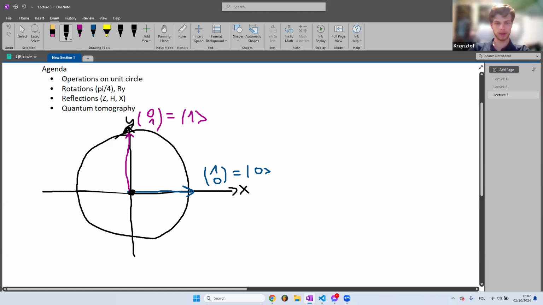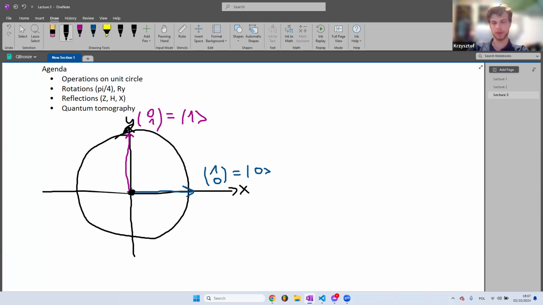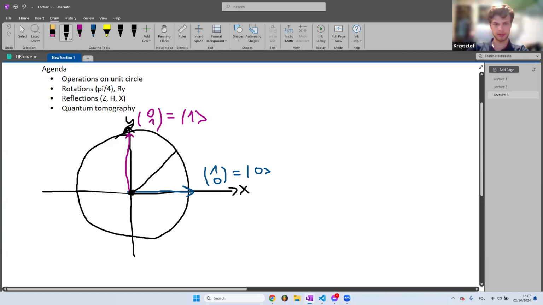We will rotate our plane about this axis, about pi over 4. And what will happen is that this vector here gets transformed to here with angle pi over 4. And this vector here will be transformed to the vector here, which is also pi over 4.